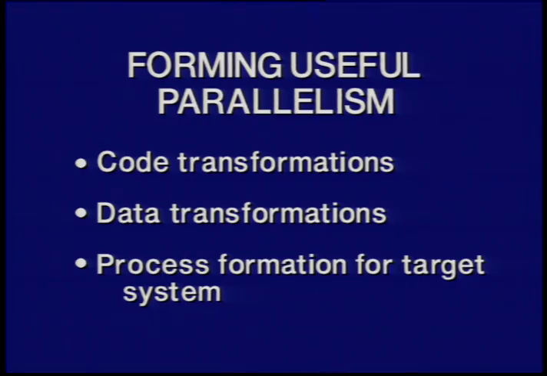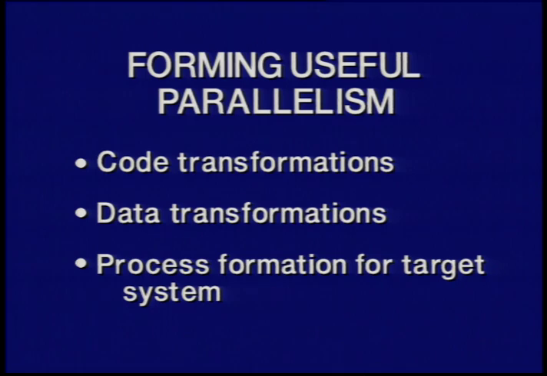Okay, let's turn now to the formation of useful parallelism. We want to be able to form useful parallelism for programs where we've found parallelism by the compiler and where the user has explicitly expressed it. And we want to form it in both of those cases so it maps onto the specific target architecture.